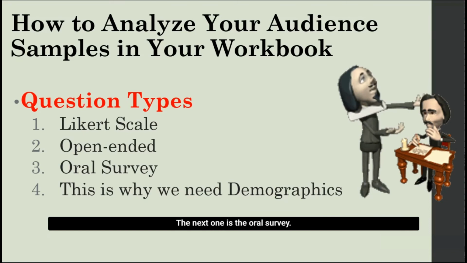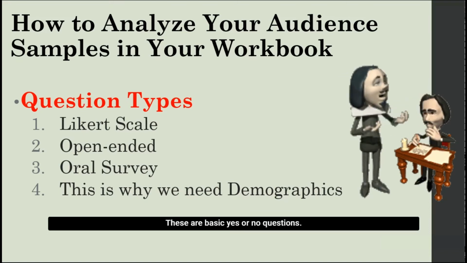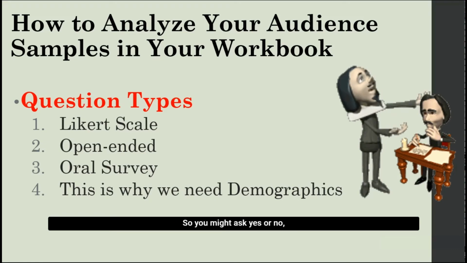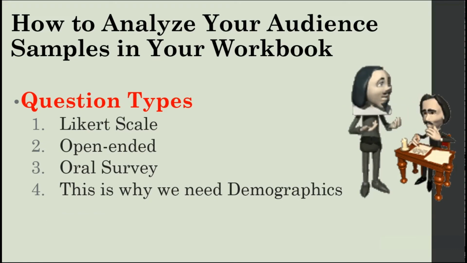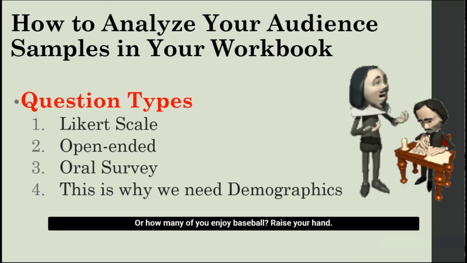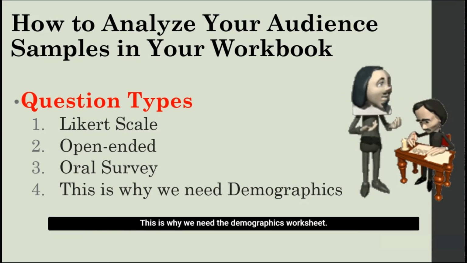The next one is the oral survey. These are basic yes or no questions. So you might ask, yes or no, I played baseball in high school. Or, how many of you enjoy baseball? Raise your hand. This is why we need the demographics worksheet.